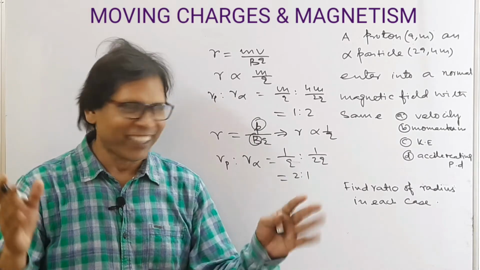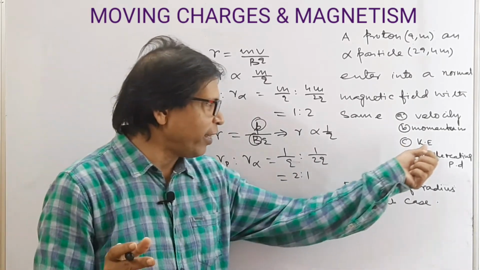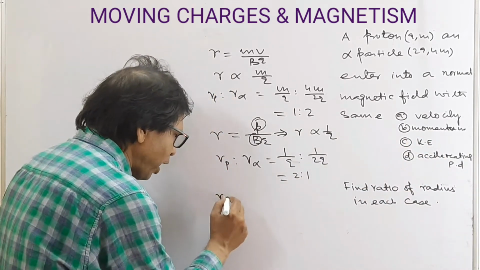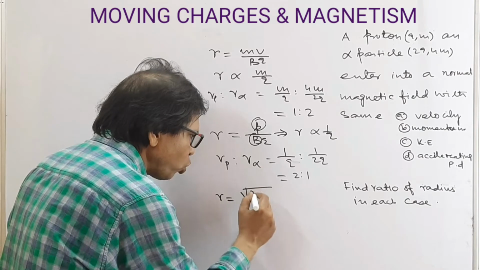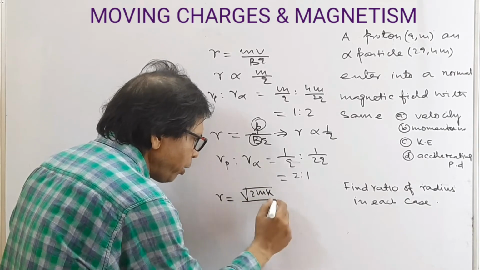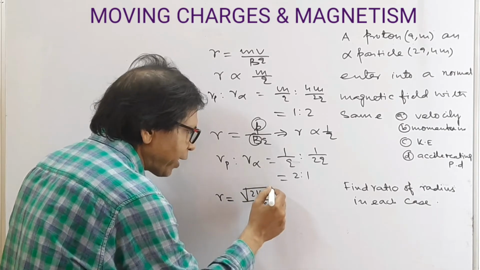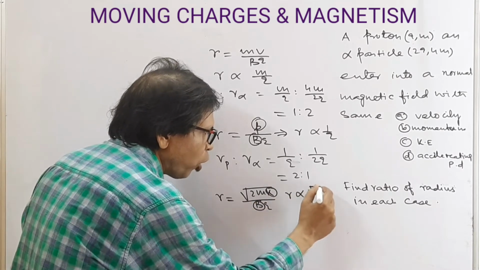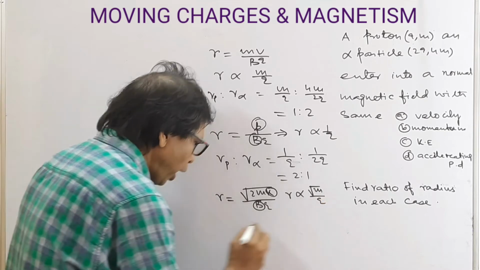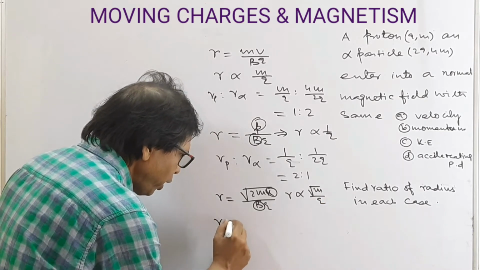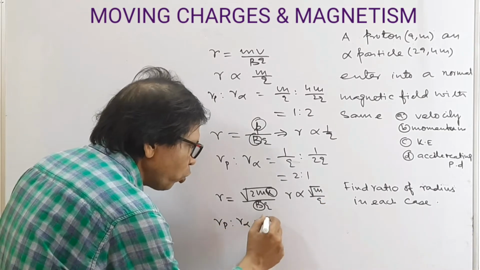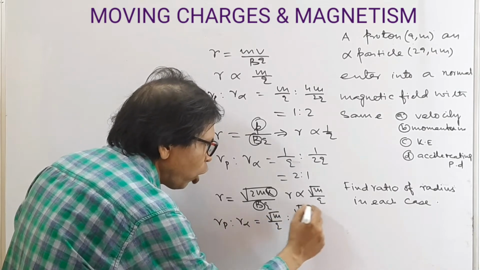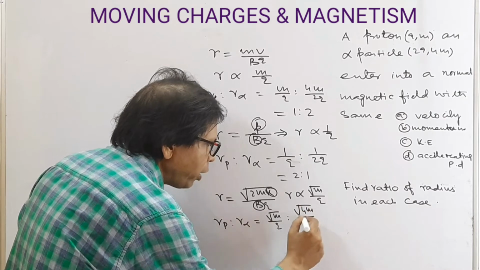Okay, now next, when they have the same kinetic energy, the radius r becomes root over 2mk by bq. Here k is constant, b is constant, so r is proportional to root over m by q. Now rp is to r alpha is root over m by q is to root over 4m by 2q.